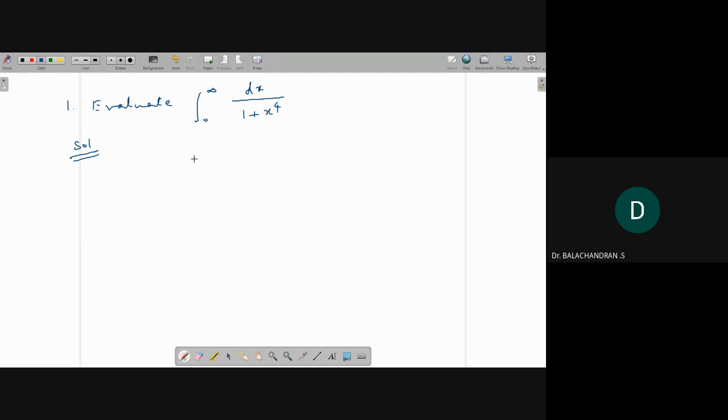Before going to the solution, I am going to ask, what is a substitution? Can you predict the correct substitution? Can anyone tell what is the apt substitution for this problem?